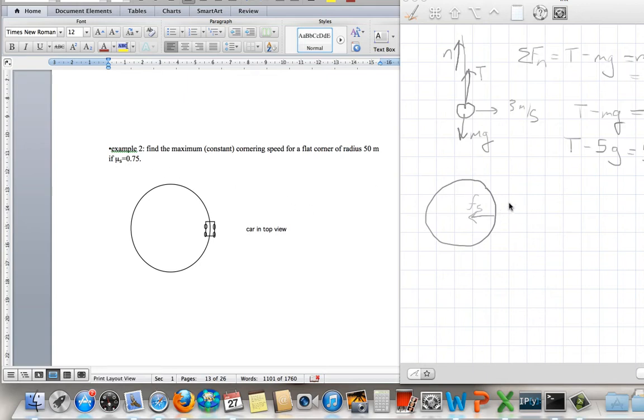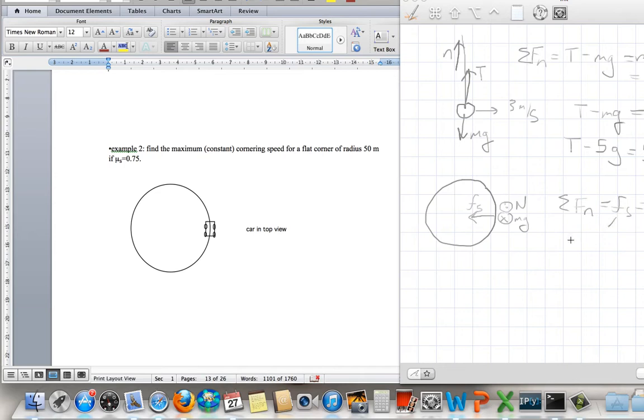And there are two other forces in this case. We've got a normal force that's out of the page straight towards us, and then we've got a weight, mg, which is into the page, and they just balance each other. Now, the sum of the normal forces then, normal inwards direction, as opposed to normal perpendicular to the road, this n here, inwards towards the center of the circle, is just static friction, and that's got to equal the mass times the inwards acceleration.